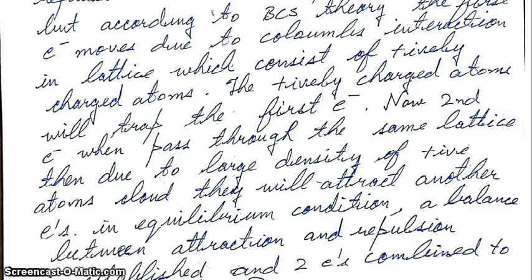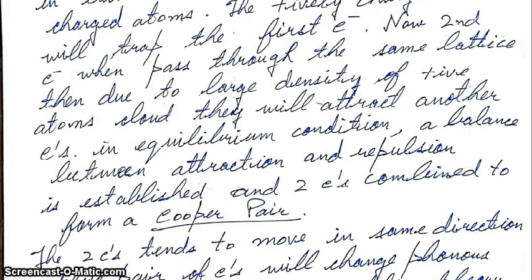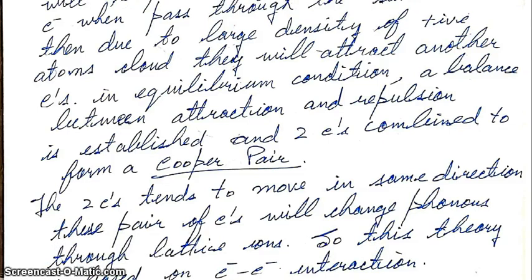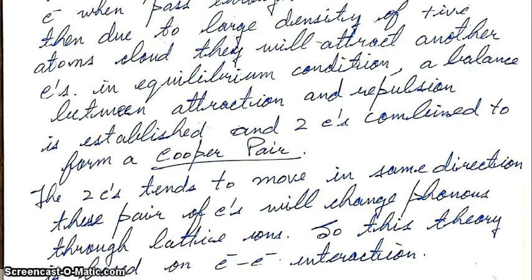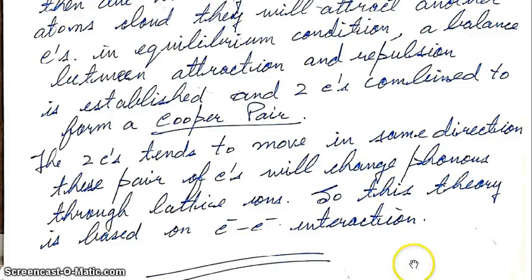A balance between attraction and repulsion is established, and the two electrons combine to form a Cooper pair. The two electrons tend to move in the same direction. This pair of electrons exchanges phonons through the lattice ions. So this theory is based on electron-electron interaction. Okay, understood? Thank you very much.